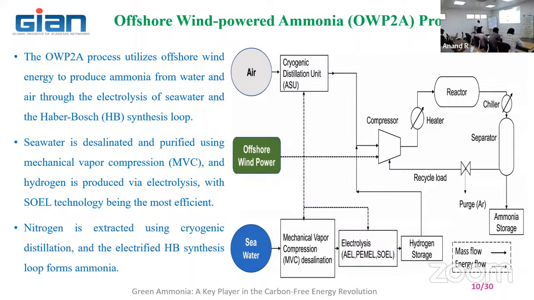Then after the temperature comes down to the expected temperature, you separate out the ammonia. Along with the ammonia, nitrogen will come out, and nitrogen compounds will also come out in the form of NH, NO. So many things will come out.